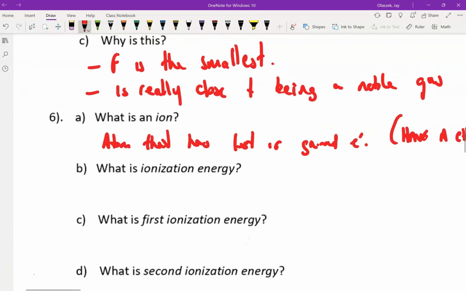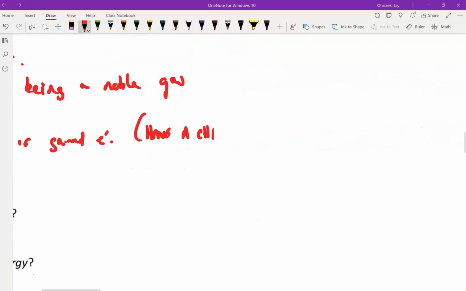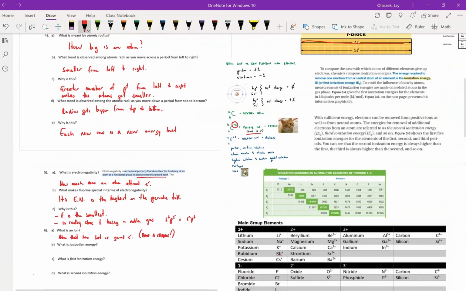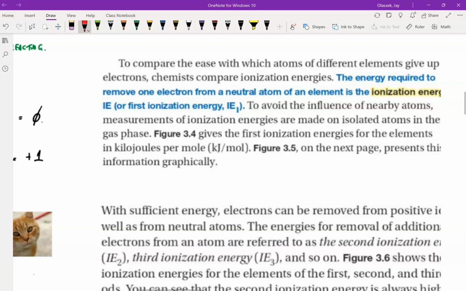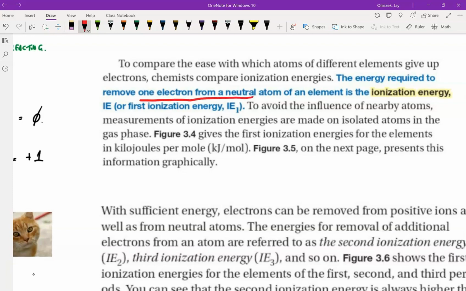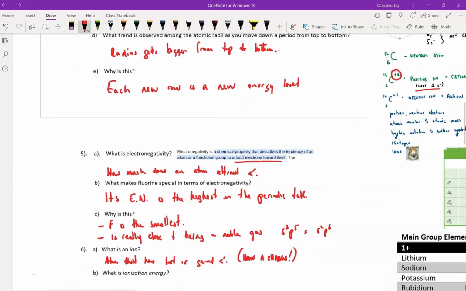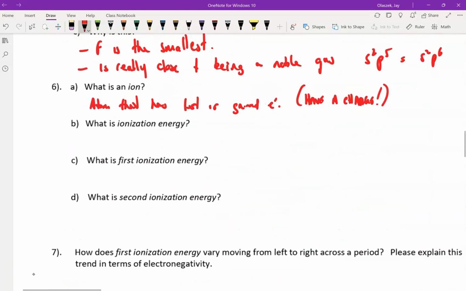It says here, what is ionization energy? Here's a little paragraph that tells us. Ionization energy is the energy required to remove an electron from a neutral atom. And so we'll say ionization energy is energy required to remove an electron from an atom.